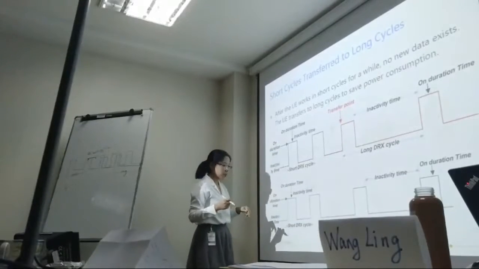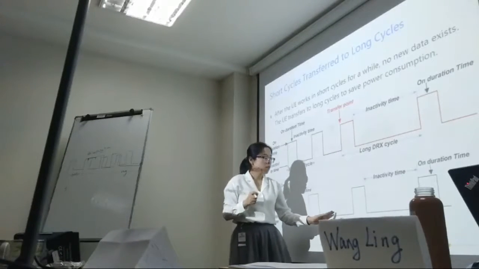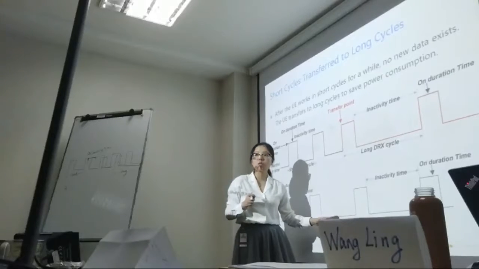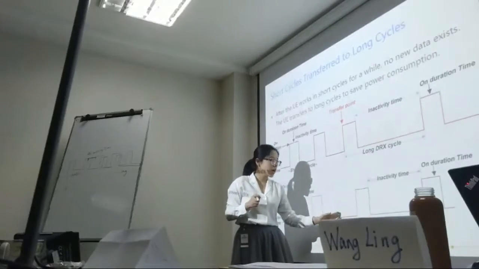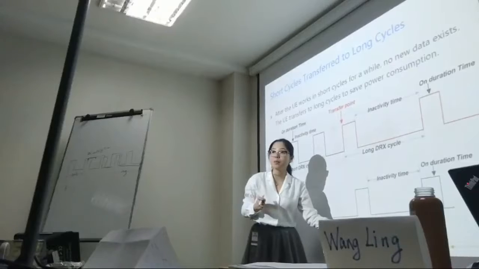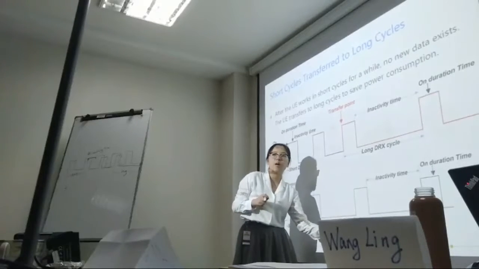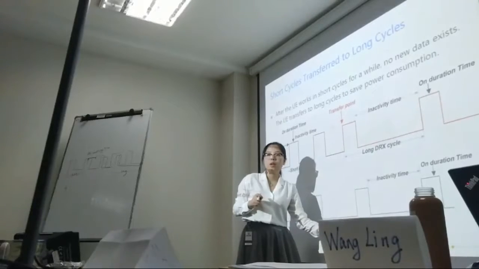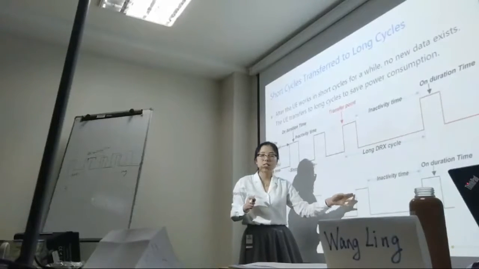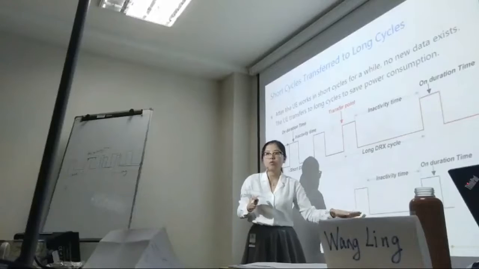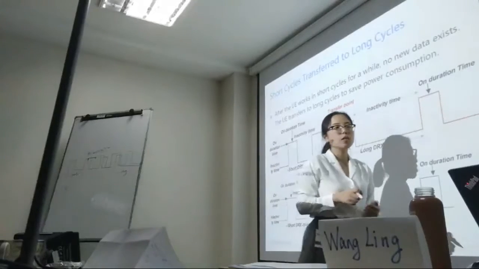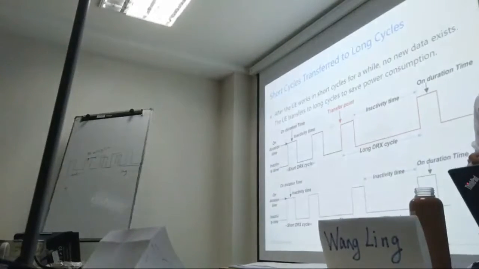But maybe when we finish the short cycles, the next time is not the long start time. Okay, then I will sleep, and when the start time arrives, I will go to the long. So this is the transfer from short to long.